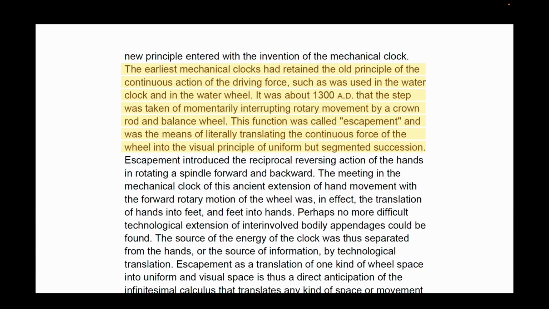The other was that that escapement, that wheel which regulates the rotary movement of the gears, changes the rotary motion, and it subdivides it. It breaks it into these little pieces. So it's quite an ingenious invention, and yet it's also something that, again, in McLuhan's analysis, changes the way that we understand and experience time.